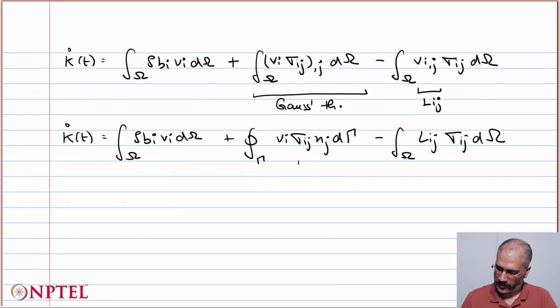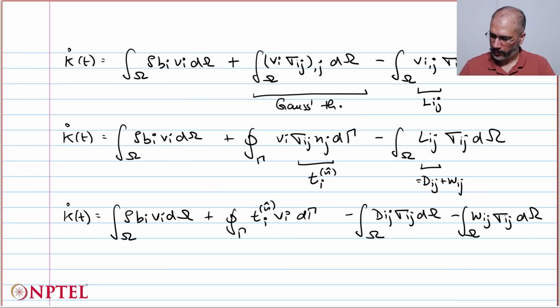Now what we see is that sigma ij nj here is basically the traction vector. So we can write the traction here, and this L can be written as a sum of d and w. Now if we look at the last term here, sigma is symmetric and w is skew symmetric, because recall that the spin or the vorticity tensor is skew symmetric.